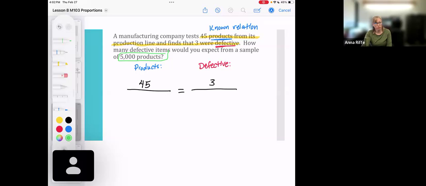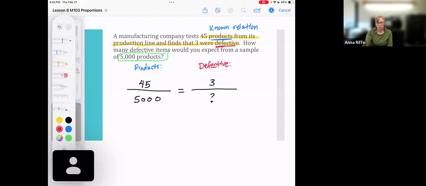If I'm given the number of defective products, I could find how many products were produced to create that sample. But here we're given the number of total products. That'll go in the denominator of the products column. And then I want to find the number of defective products given that.